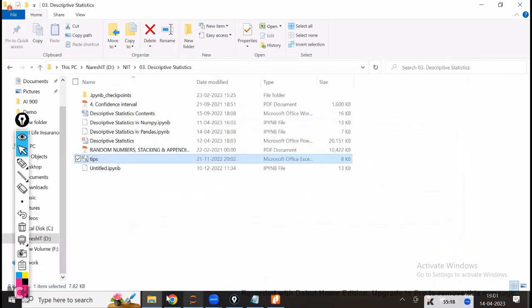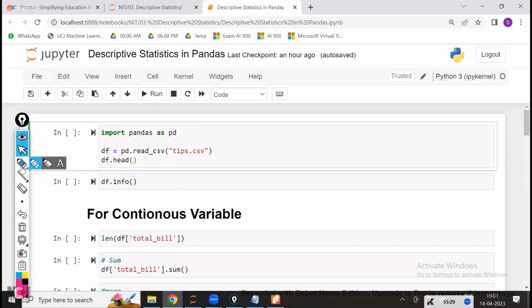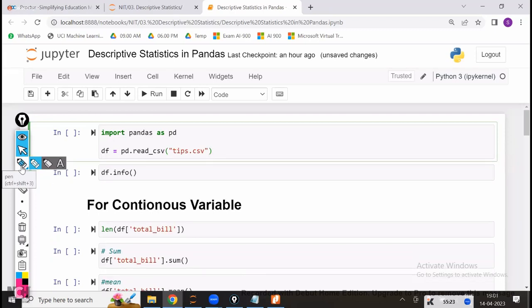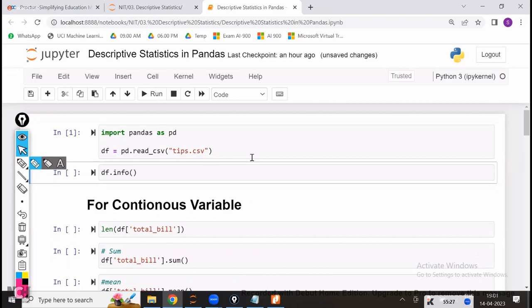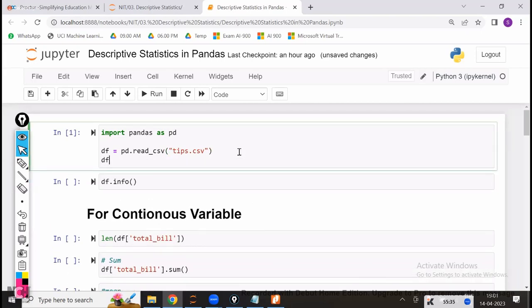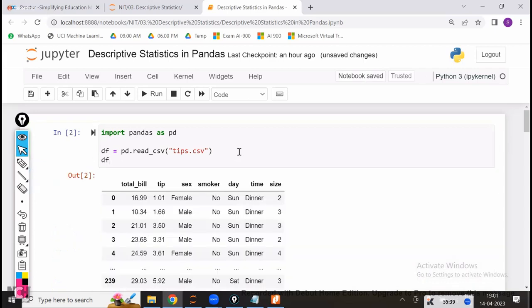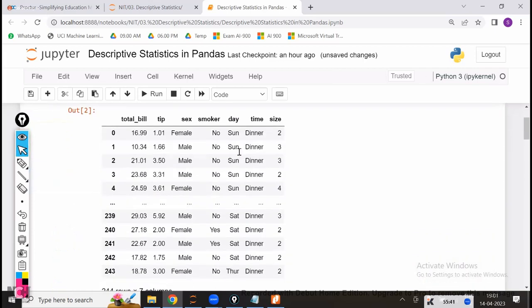To check myself, after loading, how can I know whether I have loaded the correct one or the wrong one? So I have to print whatever I have taken. Instead of writing df.head, if I write df, the first 5 records will be printed. At the same time, the last 5 also will be printed, with dots in between.